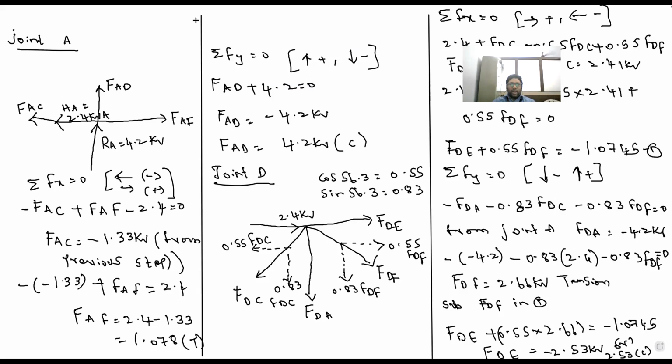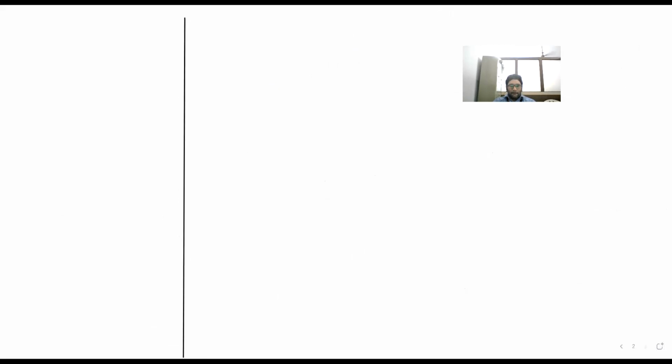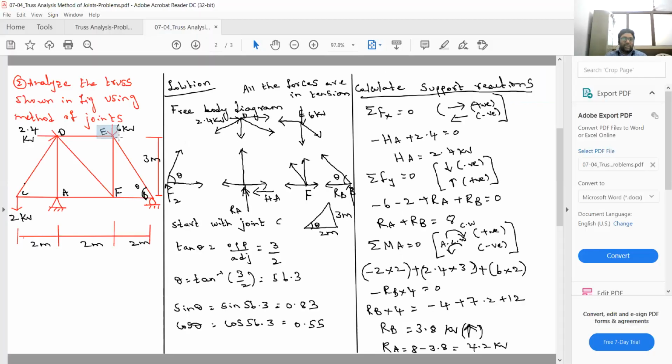Now we are going to joint E. See joint E, all of you should remember what all we have. 6 kilonewton downward given force, FED already calculated, FEF unknown, FEB unknown.